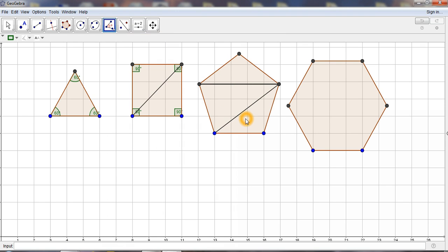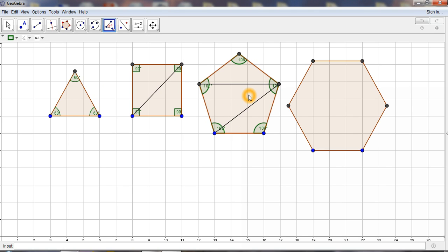Okay, so each of the interior angles of our pentagon is having 108 degrees, which will give us the sum of 540 degrees. So that is 3 times the sum of the interior angles of a triangle.